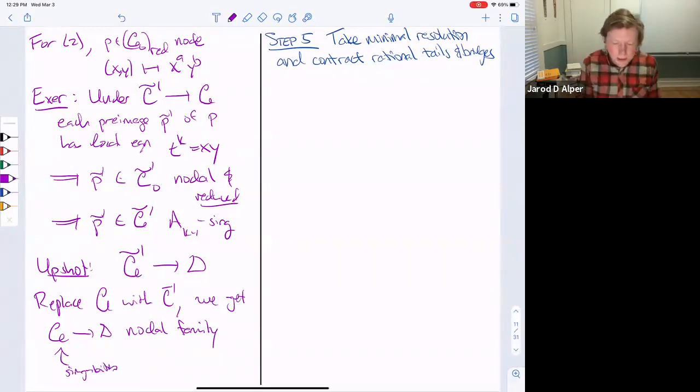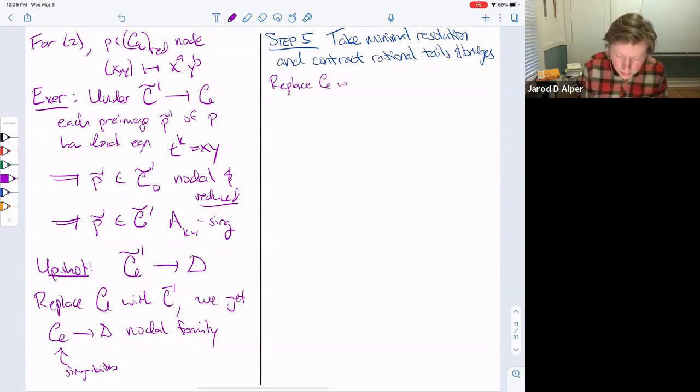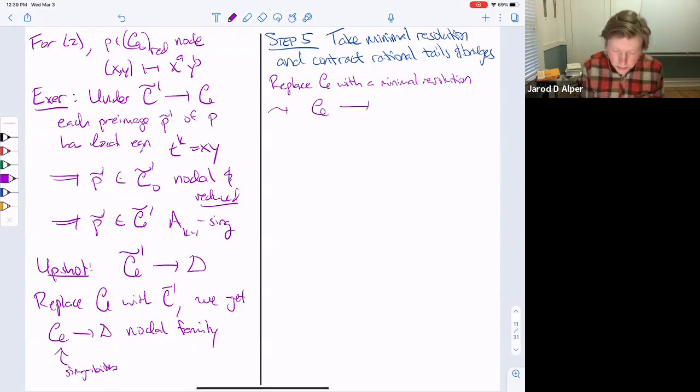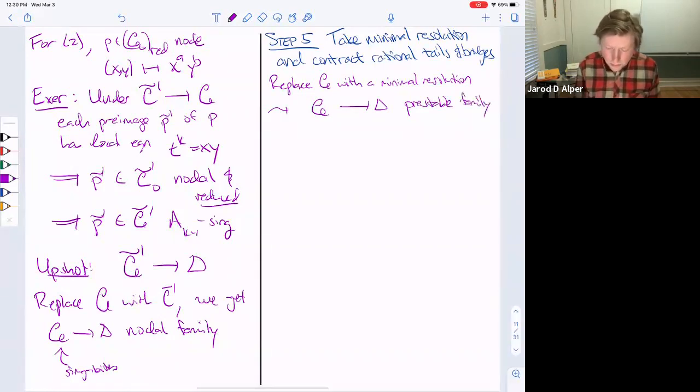But that doesn't really bother us because in step 5, the first thing we're going to do is take a minimal resolution. So now we'll replace C with a minimal resolution. So this gives C over delta. And now it's really a pre-stable family of nodal curves. And this is regular.